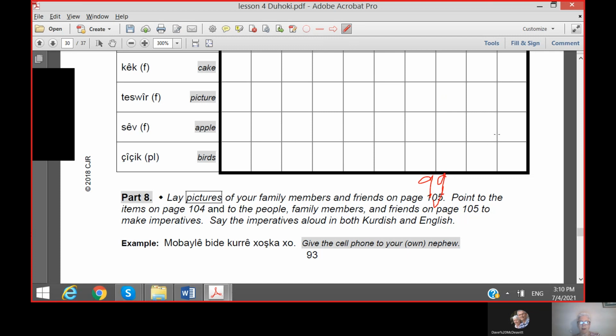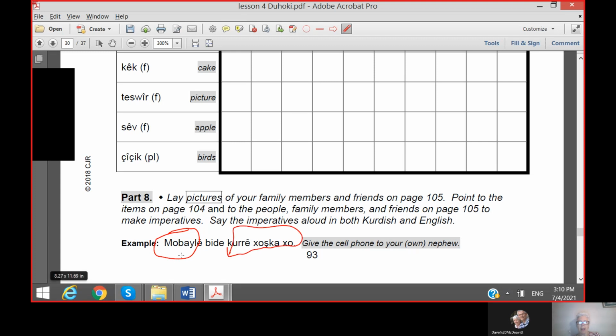Point to the items on page 104 and to the people, family members, and friends on page 99. Make imperatives. Say imperatives aloud in both Kurdish and English. Okay, I have my page numbers. They may be wrong, but in any event, you point to a picture of something, for example, cell phone, and you make a sentence using a relationship word.